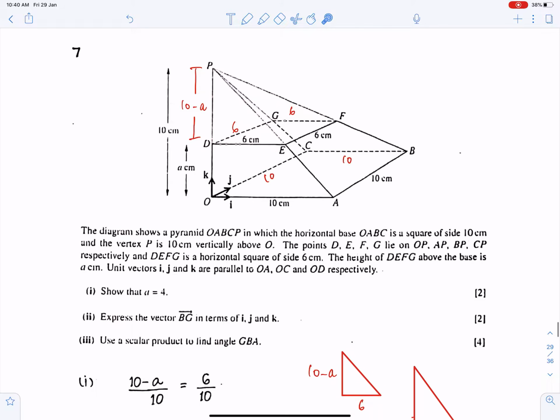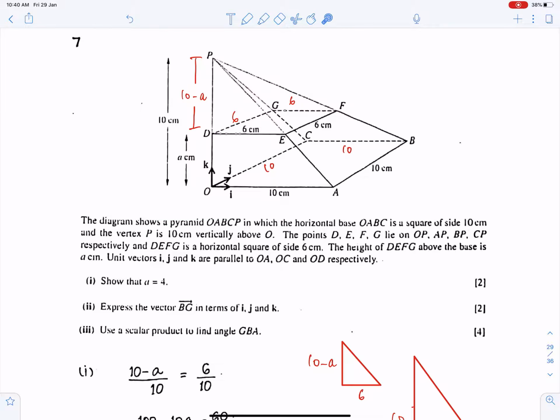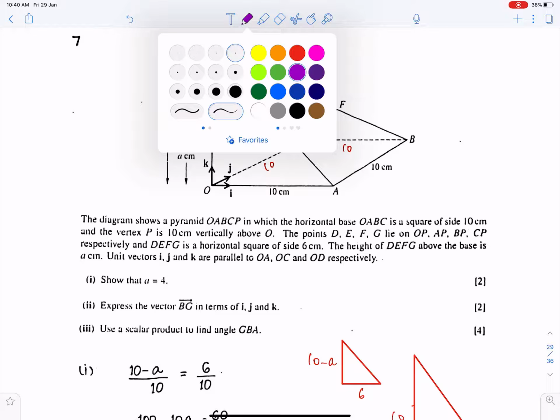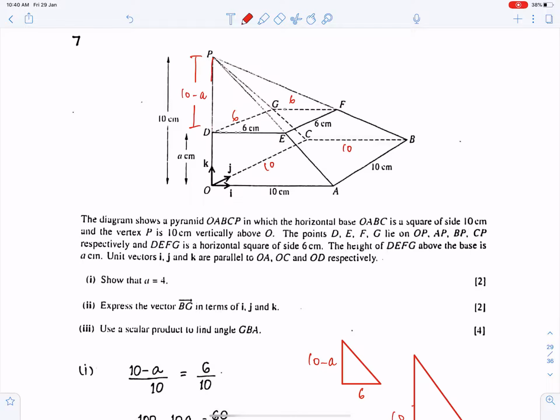We can solve this question. First, understand these triangles. In this diagram, we have two similar pyramids. And this triangle is similar to this triangle.